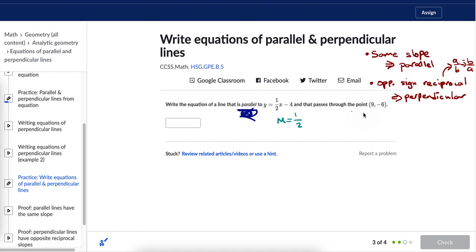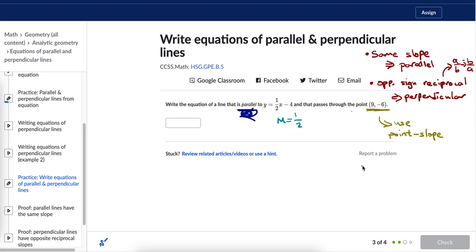So it makes sense, once again, because we're given a point, use the point slope form of the line. All right, we've been given slope intercept. Let's use the point slope because we have a point. And parallel means same slope. So let's go ahead and do that.